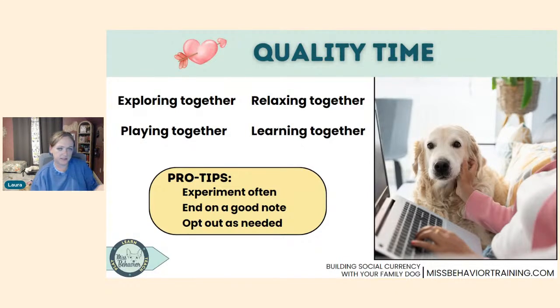Meaning if you're playing together and things are getting a little too intense and crazy, okay, we're going to call it now. That was fun while it lasted. If you're exploring together and you see someone down the street who you think is not going to be a good fit to run into, we're going to opt out here. We're going to go home a little early, turn around or go back to the car. You can always opt out as needed, and so can your dog.